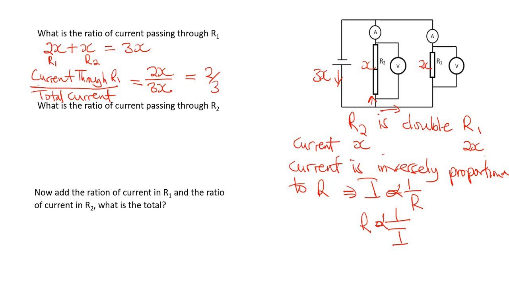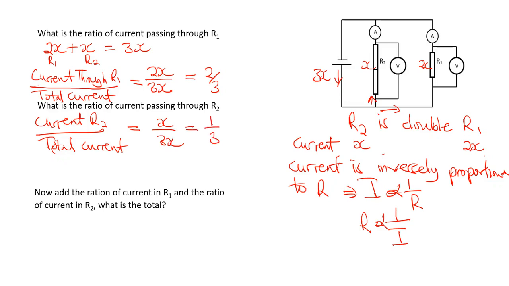What about the ratio of current passing through R2? It's the same thing. Current through R2 divided by the total current, which is X divided by 3X, which is 1/3.